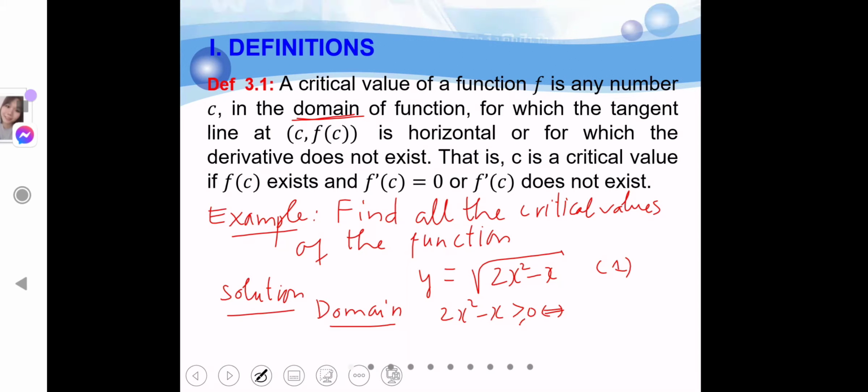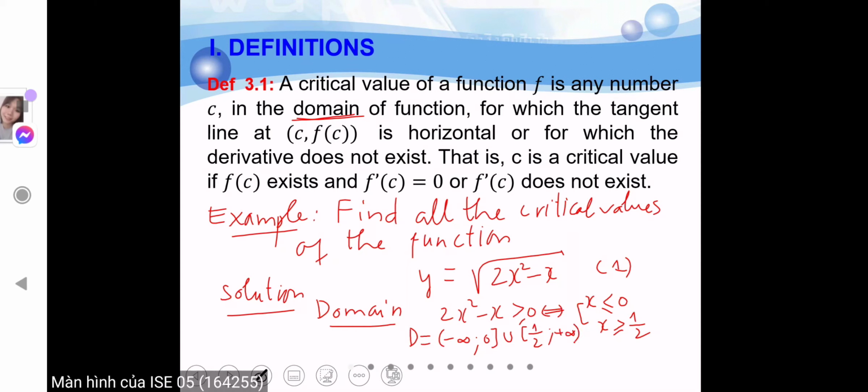I mean, x is less than or equal to 0, or x is greater than or equal to 1/2. That means the domain of this function is the set from minus infinity to 0, union from 1/2 to plus infinity.